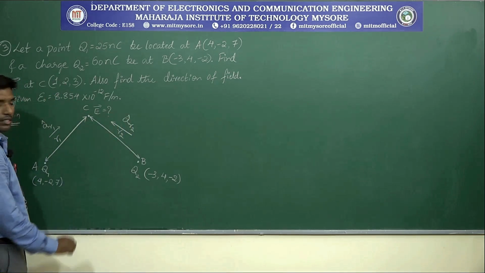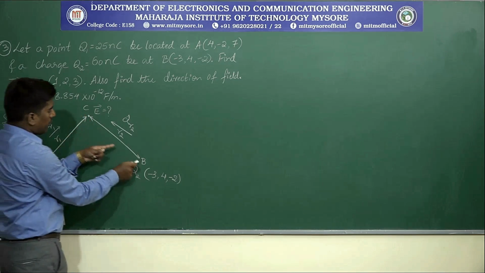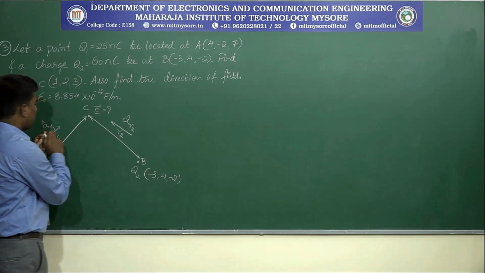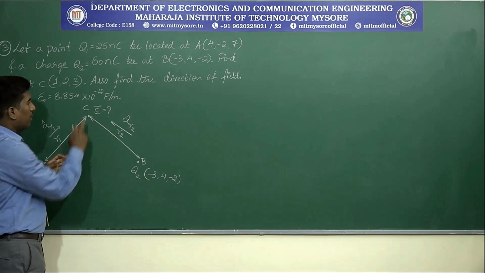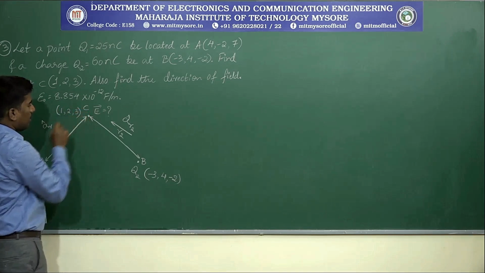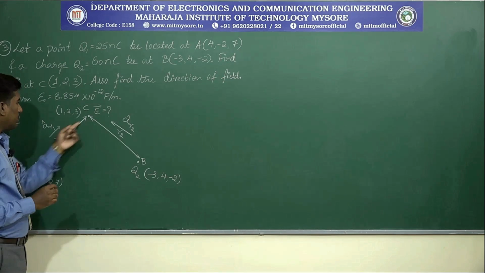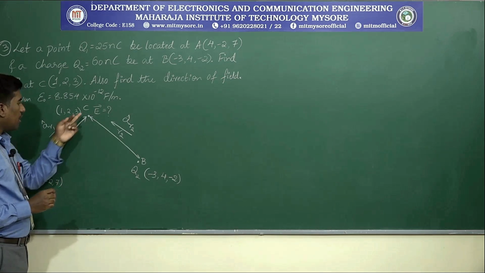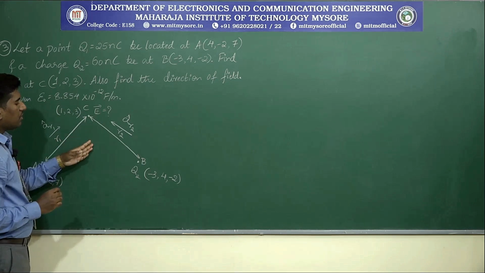Okay, got it? So the distance between A and C is R1, the distance between B and C is R2, and the unit vectors are A cap R1, A cap R2 respectively. The coordinate at point C is 1, 2, 3. As I said earlier, in order to find the distance between these 2 points, we need to consider the tip minus tail rule. Okay, so this is the description given.